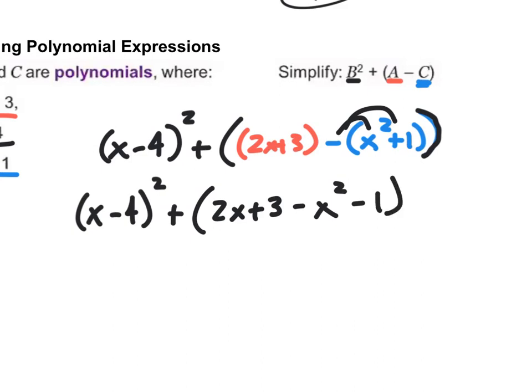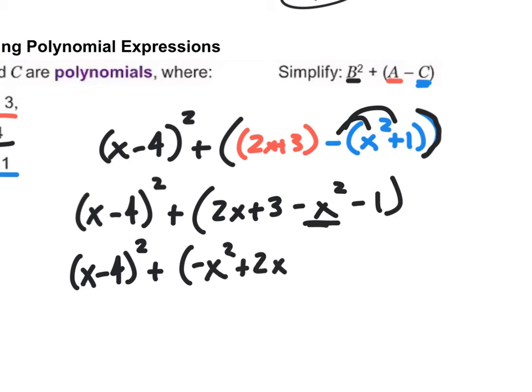Now let's combine anything that we can combine here. So I've got the quantity x minus 4 squared plus, and I've got negative x squared here plus 2x, and then I've got 3 minus 1, which is going to give me positive 2, okay? Now I've done all the operations I can do inside of the parentheses.